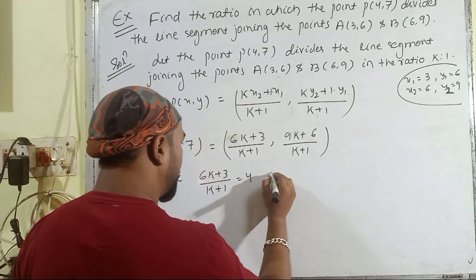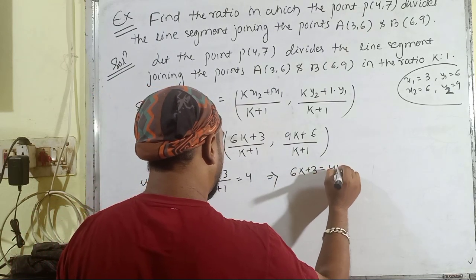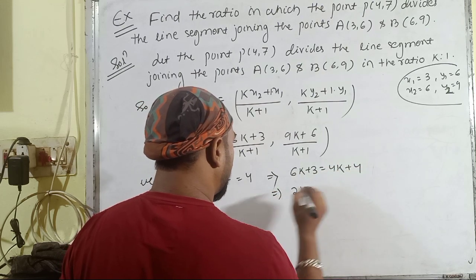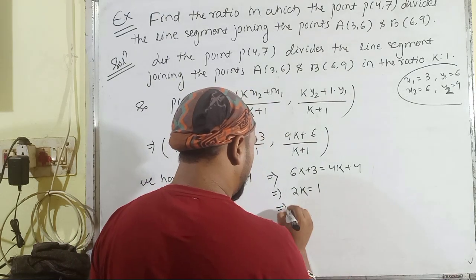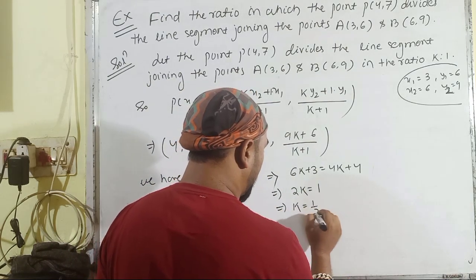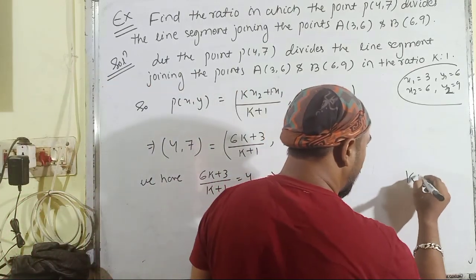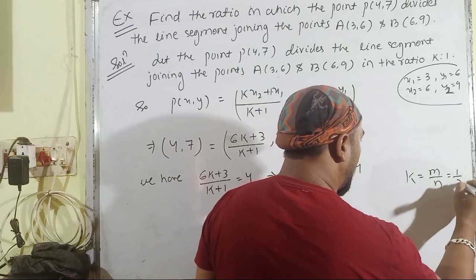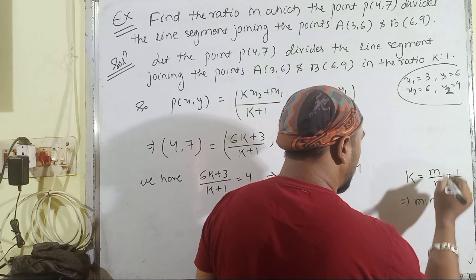That implies 6k plus 3 is equal to 4k plus 4. That implies 2k is equal to 4 minus 3, which is 1. That implies k is equal to 1 upon 2. So the ratio is here because k is none other than m upon n, that is equal to 1 upon 2. So m is to n is equal to 1 is to 2.